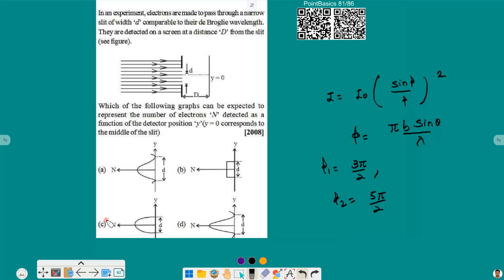So options B and C do not show any type of diffraction behavior. In options A and D we have diffraction behavior, but in A the peak is slightly smaller as compared to option D. So option D will be the right answer, as the central maxima carries most of the intensity, around 97 to 98%. So option D will be the right answer.